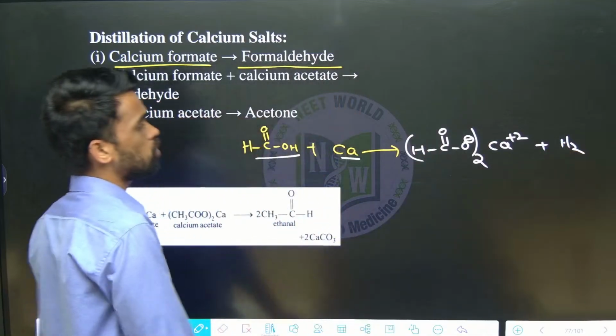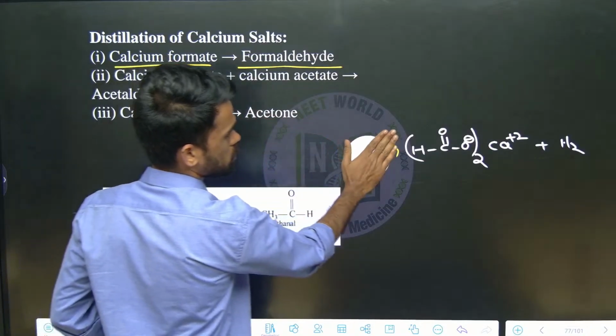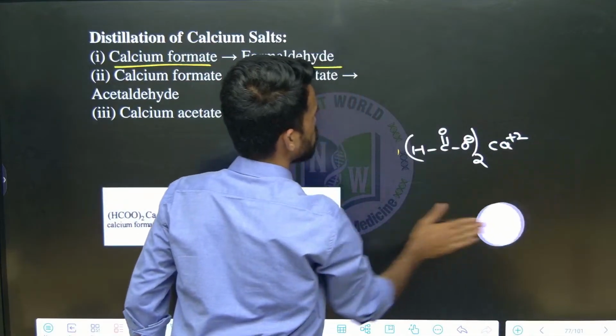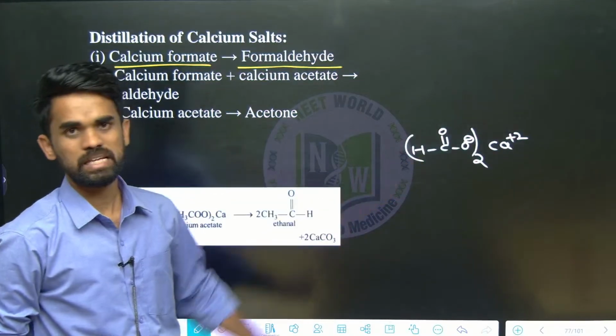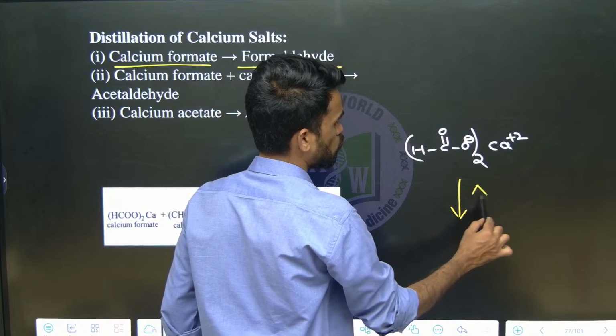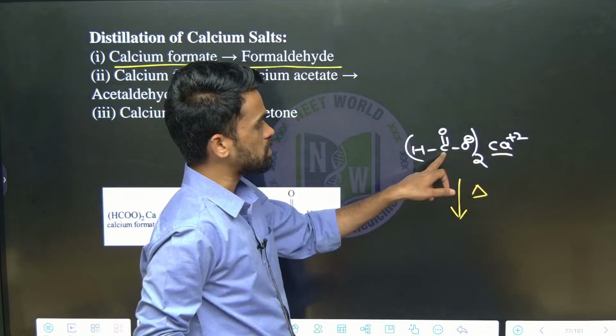Now I am not discussing all these things, I just want a calcium salt here. So this is the calcium salt, calcium formate I can say. This calcium formate, upon heating, what happens is this Ca and here CO is there now.